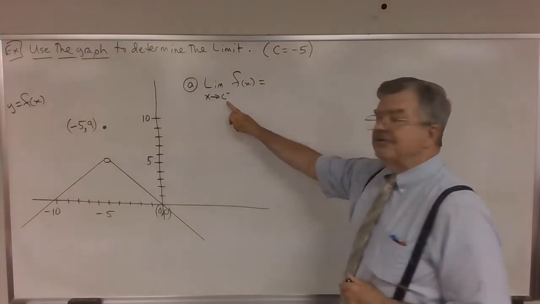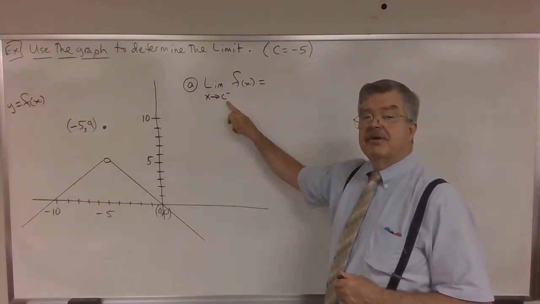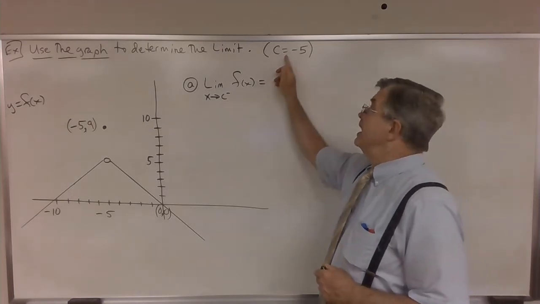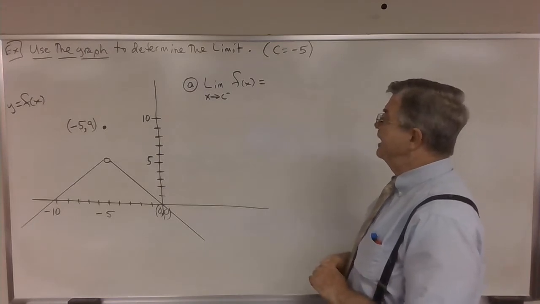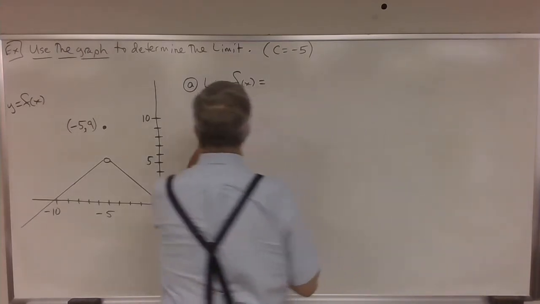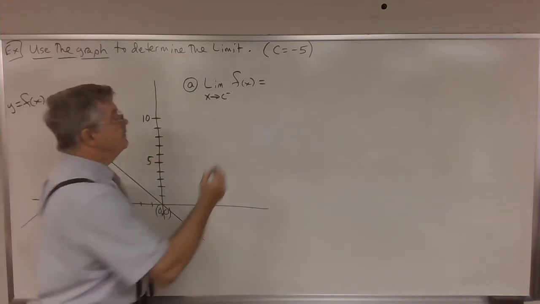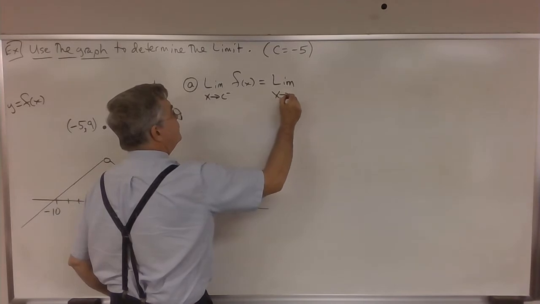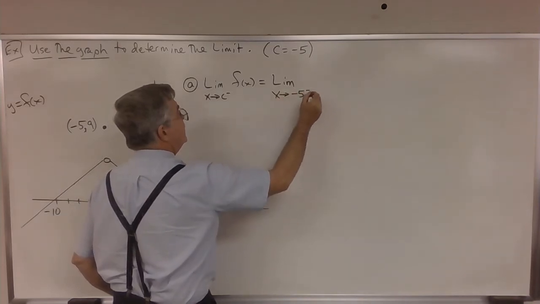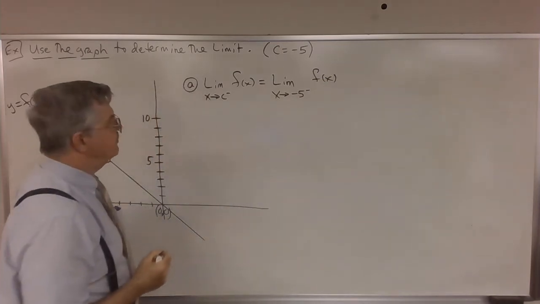And they want us to look at the one-sided limits of f of x as x approaches c. And they tell us here that c equals -5. So what they really want here is x approaches c from the left. They want us to compute the limit as x approaches -5 from the left of f of x.